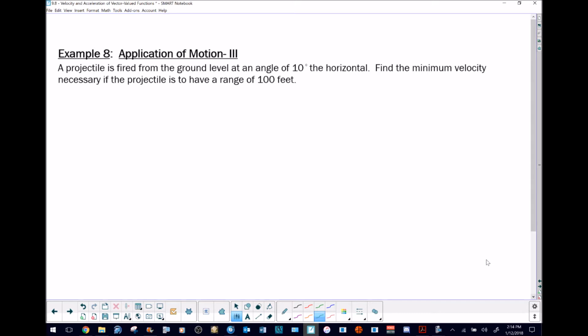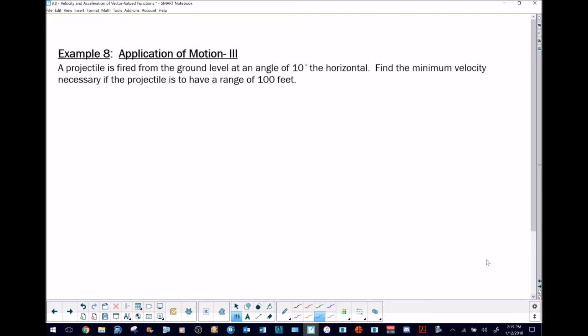In order to handle a problem such as example 8, you have to have some basic understanding about the structure of particle motion at an angle other than, say, along a straight line, and how vectors merge into that. There are several other videos online about solving motion problems with vectors that might be helpful prerequisites for this particular problem. But in any event, this problem is pretty basic, pretty straightforward.